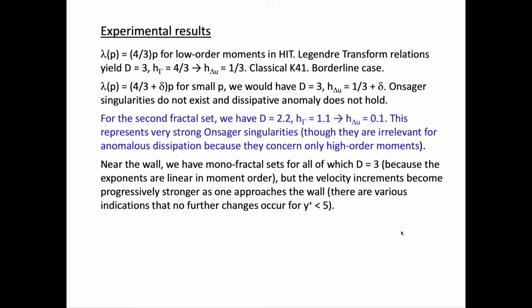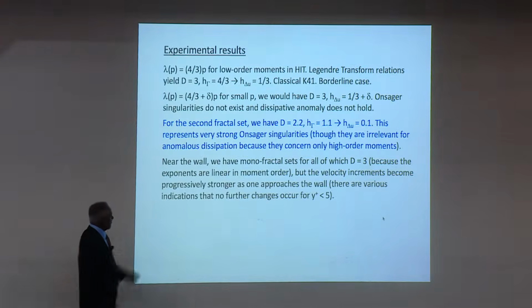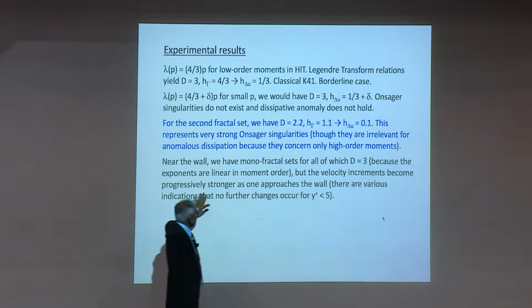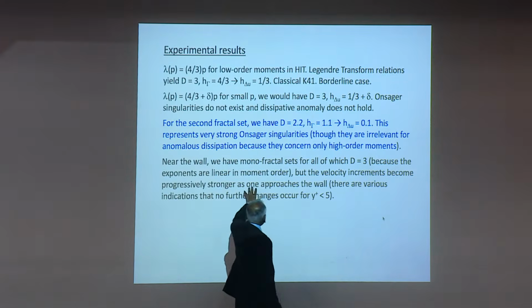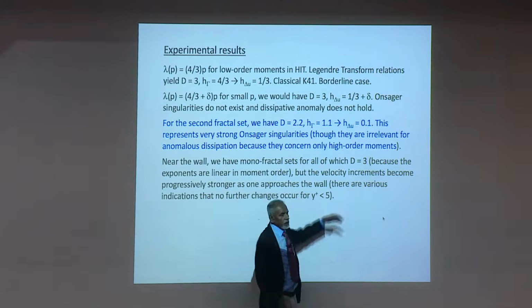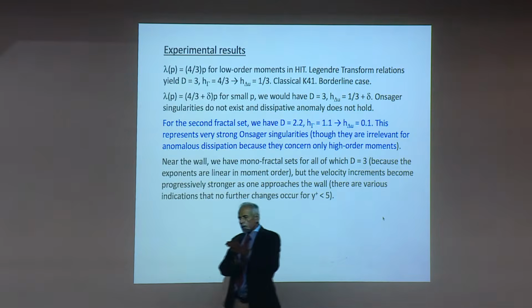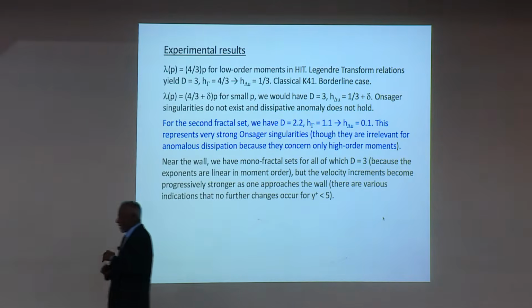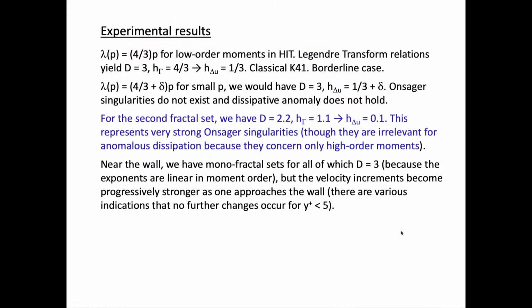Now for near wall. Near wall, we have monofractal sets, all of which are space filling, that is dimension 3. But the velocity increments are becoming progressively stronger as one approaches the wall, because the straight lines are becoming less and less straight as you approach the wall. And there it reaches some asymptotic state somewhere for y plus of phi.